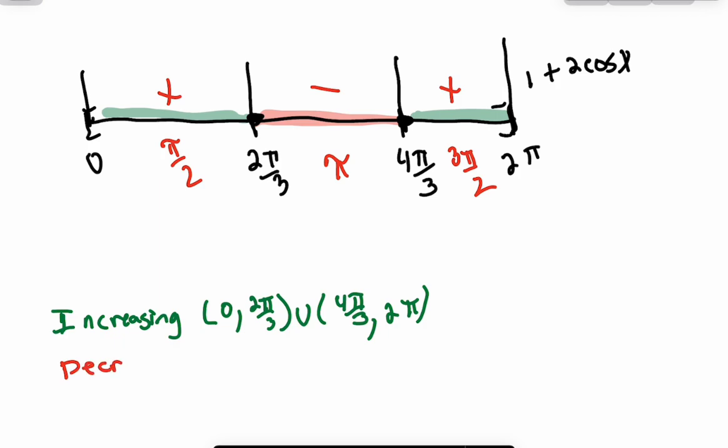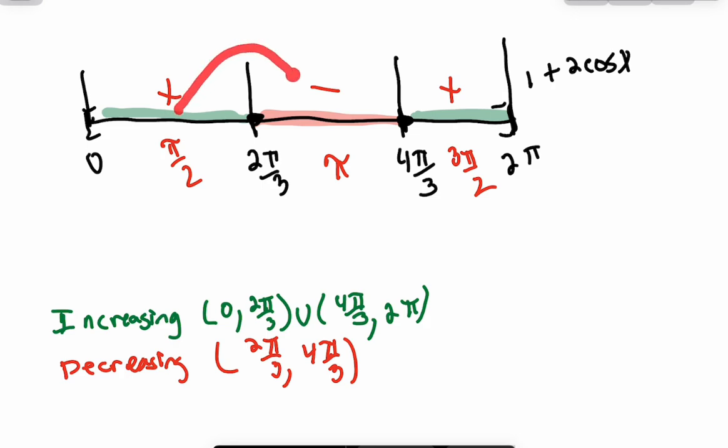It is decreasing from 2 pi over 3 to 4 pi over 3. Now we were not asked about where it was increasing or decreasing. We were asked, can you find local mins and maxes? So here we are increasing, followed immediately by decreasing. What is 2 pi over 3? It's a local max. So we have a local max when x is 2 pi over 3.